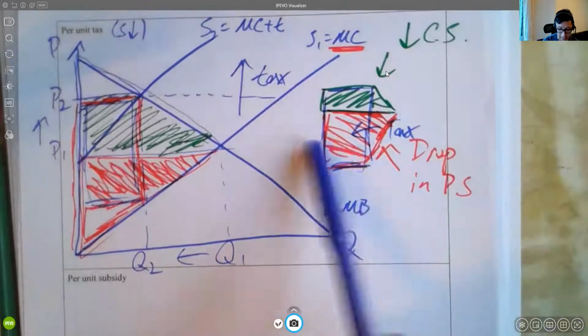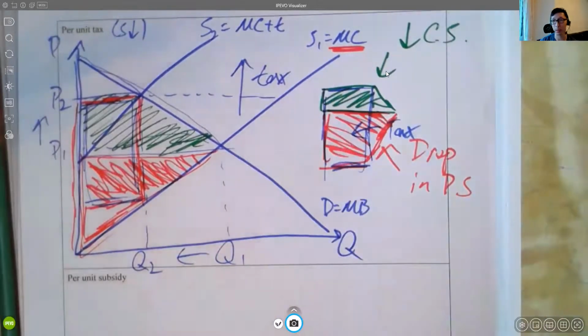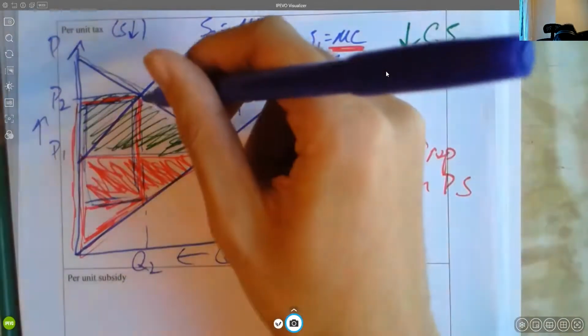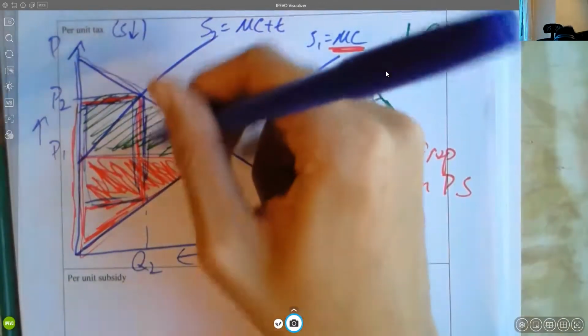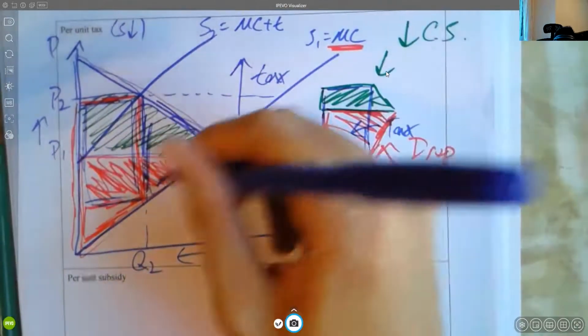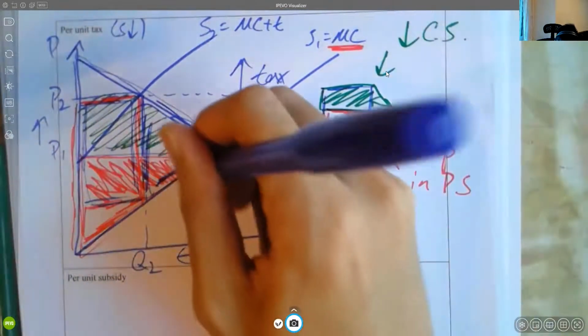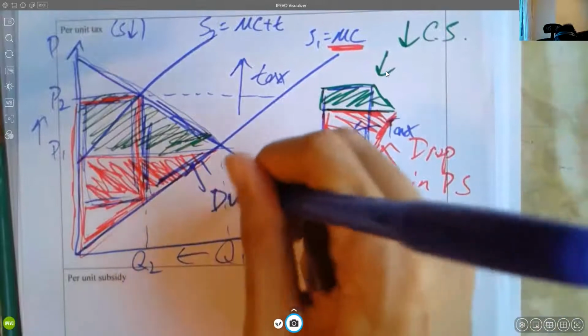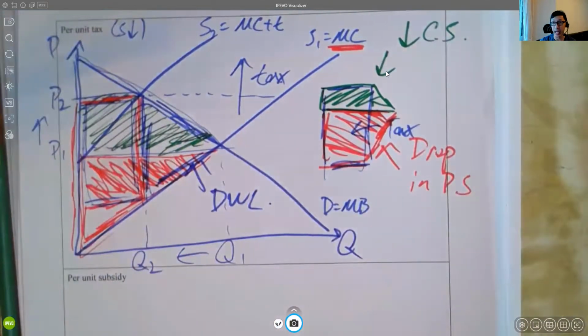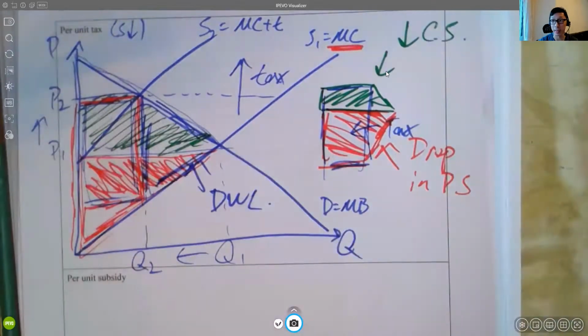This is what you get. This is what you lost. See? The loss to the society is actually bigger than the gain to the society. Therefore, this extra part, this extra triangle, is in fact our dead weight loss. Because nobody gains this part.